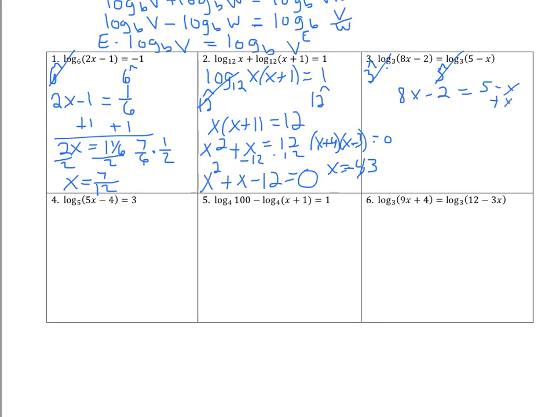Let's add x to both sides, and I have 9x minus 2 equals 5. Add 2: 9x equals 7. Divide by 9, so x equals 7 over 9. Then you can go ahead and check that value to make sure it works out.